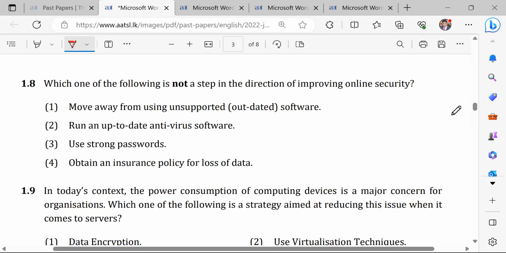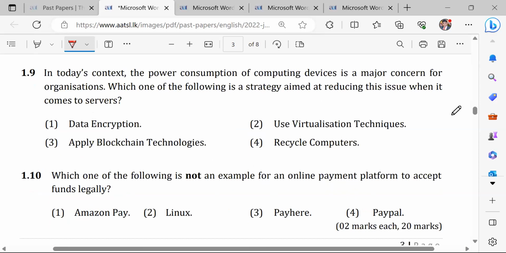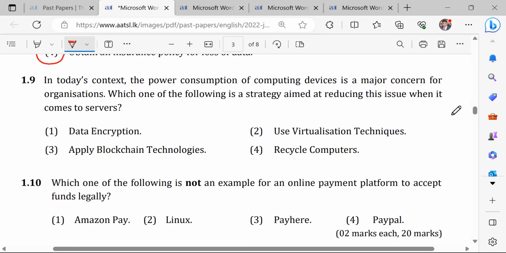You can use a strong password including numbers, symbols, characters, uppercase, lowercase, everything. Obtain an insurance policy for lost data. There is no company to provide insurance for lost data, right? How can we assure? How can we assess the damage?